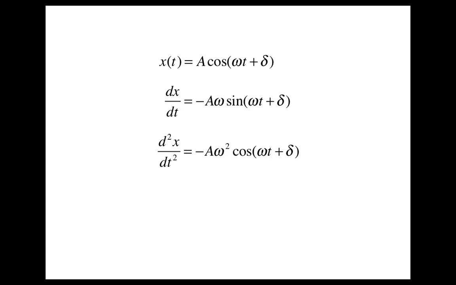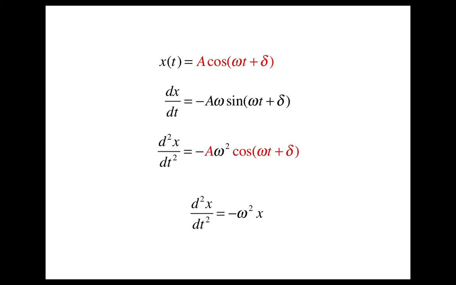Now, take a look at the third equation and the first equation and see if you notice a connection there. You probably noticed that A cosine of omega t plus delta shows up in both of those equations. So now we're just going to make a substitution, and we get d squared x by dt squared is negative omega squared x.